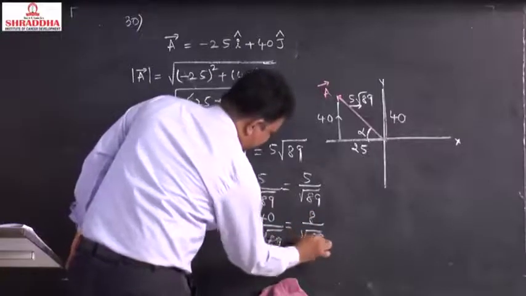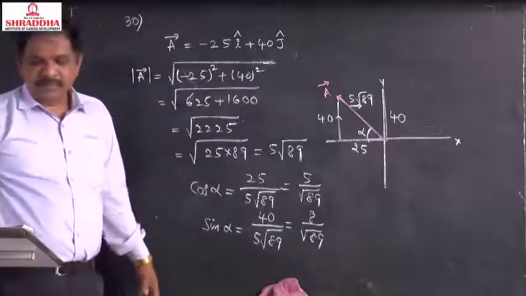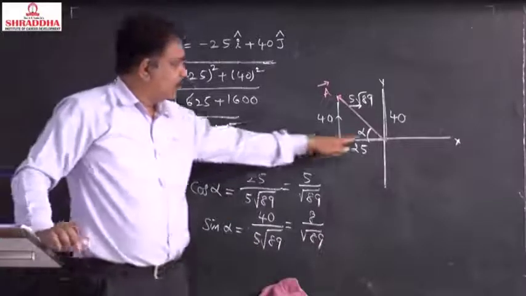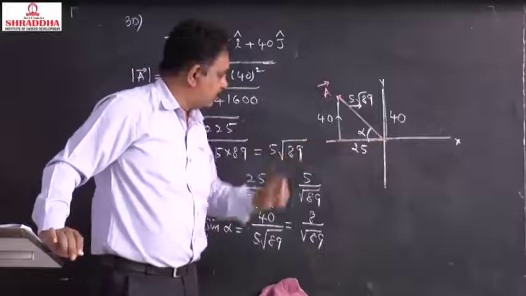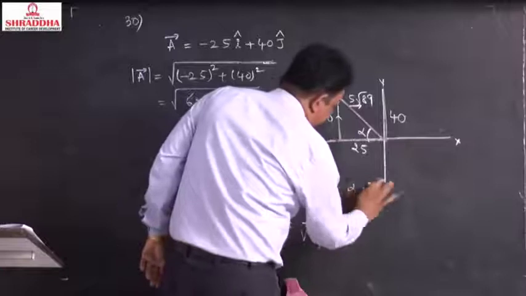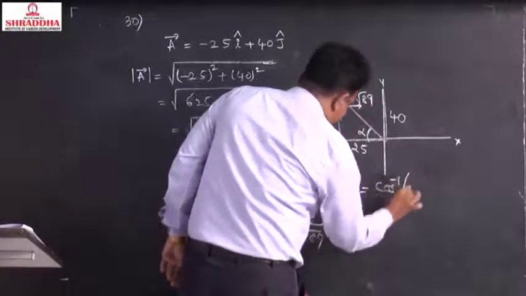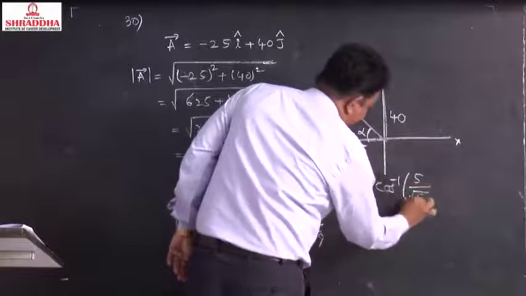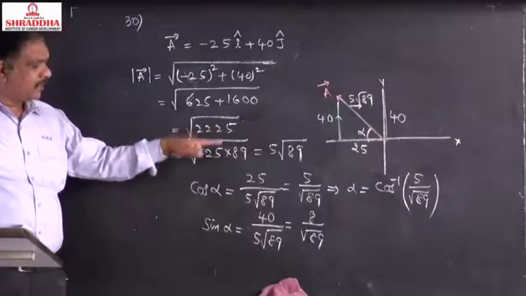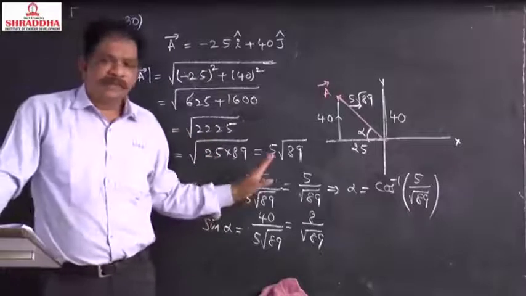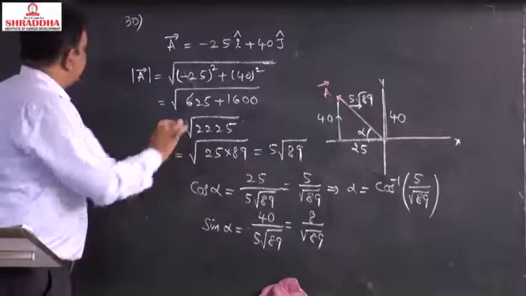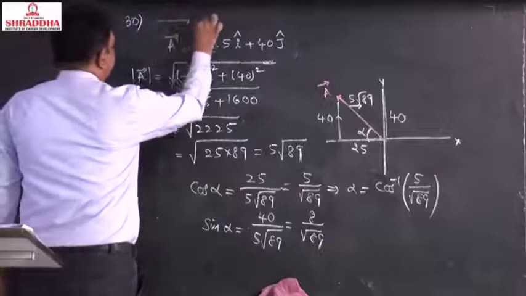This value 8 by root 89. So cos inverse 5 by root 89 with negative x-axis, that will be the correct answer. See, so here alpha is equal to cos inverse 5 by root 89. Here sin inverse 8 by root 89, that will not be the answer. So 30, it will be B.